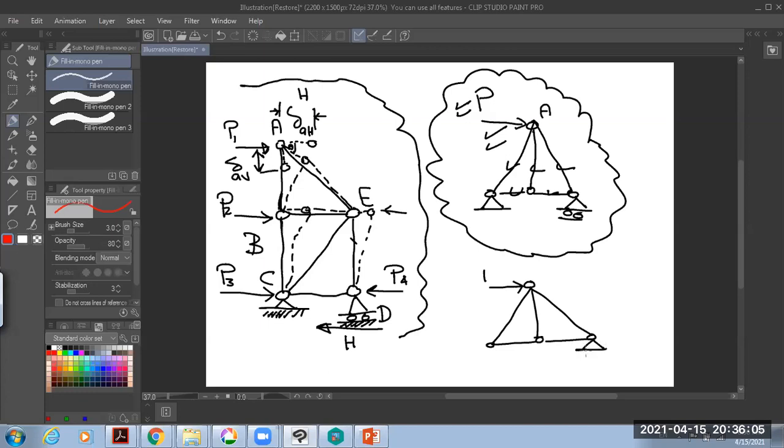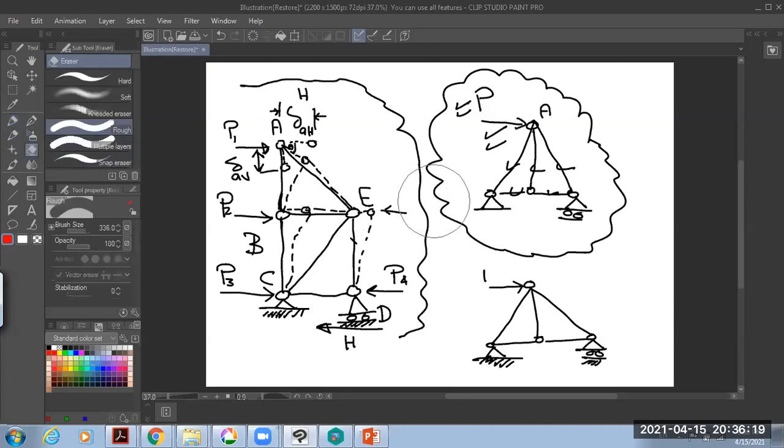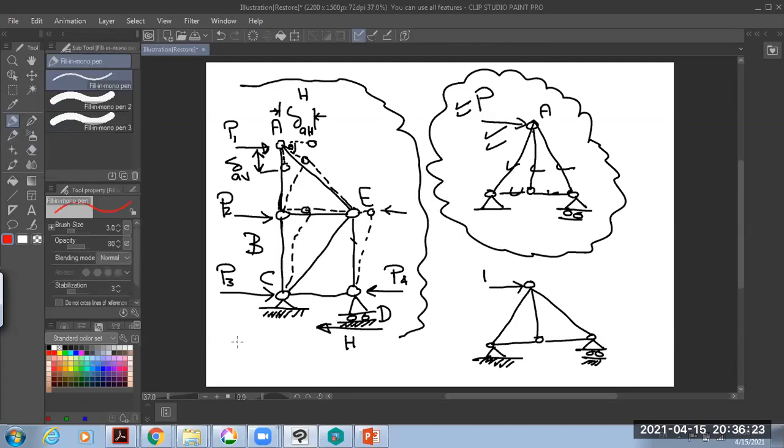In the end, you are going to have the summation of the internal forces. I will show you this formula.